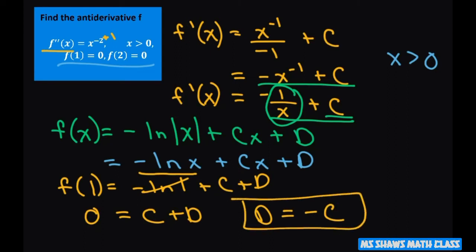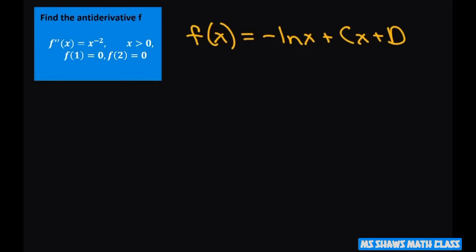Now let's do f of 2 equals 0. So I'm going to write this again. We have f of x equals negative ln of x plus cx plus d. All right, so now we're going to do this one. So let's plug in 2.